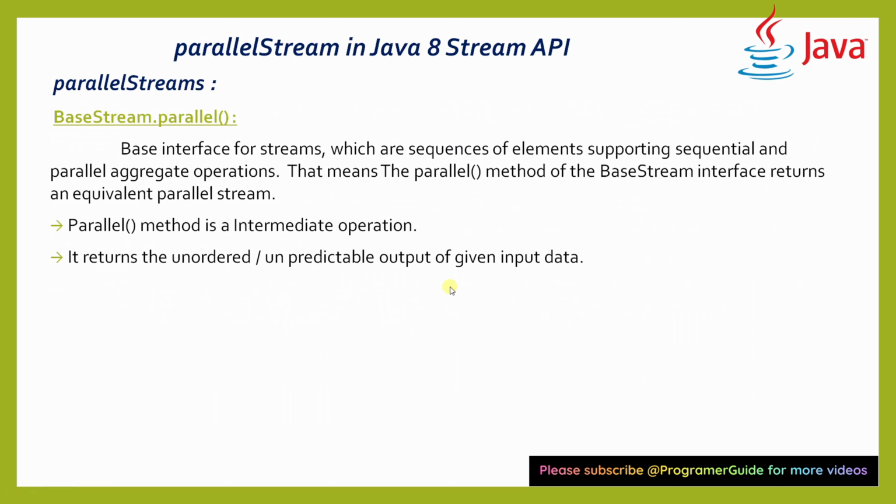Each core executes individually, and at the end the results are combined and the end result is displayed. This parallel method is an intermediate operation, so it returns unordered or unpredictable output for the given input. Let's see the example so you can understand.